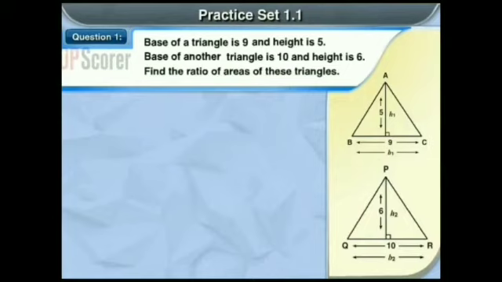So we have two triangles with us, triangle ABC and triangle PQR. In triangle ABC, base is BC, that is B1, which is equal to 9, and height H1 is equal to 5. In triangle PQR, base B2 is equal to 10 and height H2 is equal to 6.